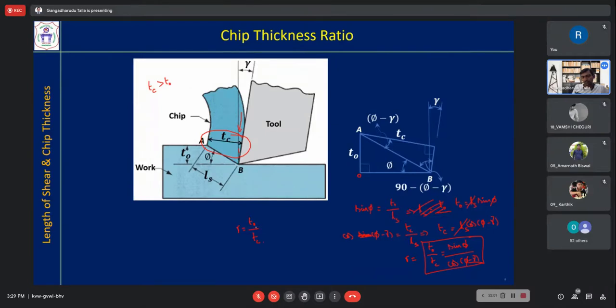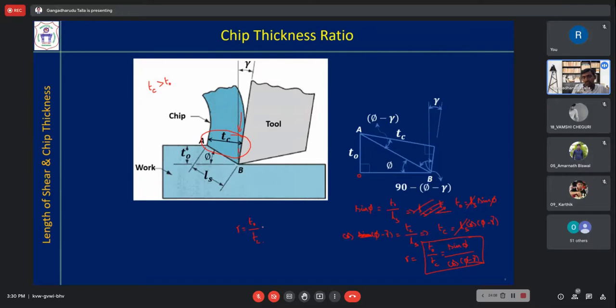If the chip thickness ratio is high, it means T0 is on the higher side and TC is comparatively less.